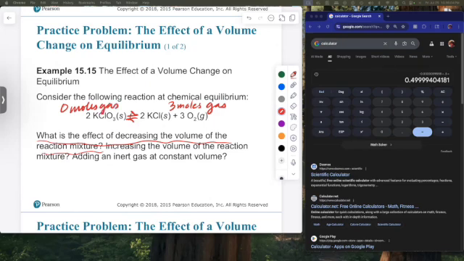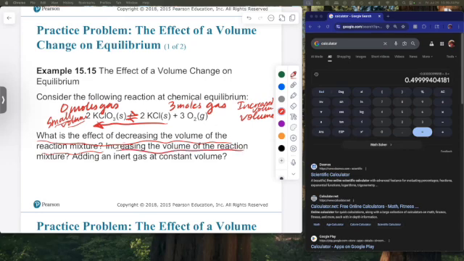So 3 moles prefers increased volume, and 0 moles of gas, small volume. So what's the effect of decreasing the volume? It's going to shift to the left because that's where you can have a smaller volume, or 0 moles of gas.